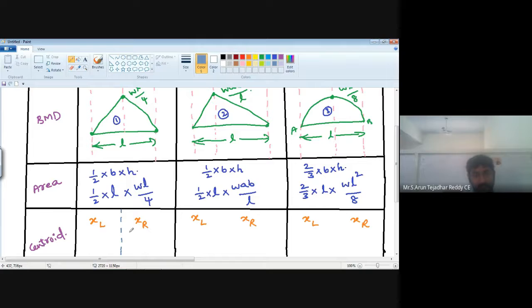Draw one line here and here, it is the middle.